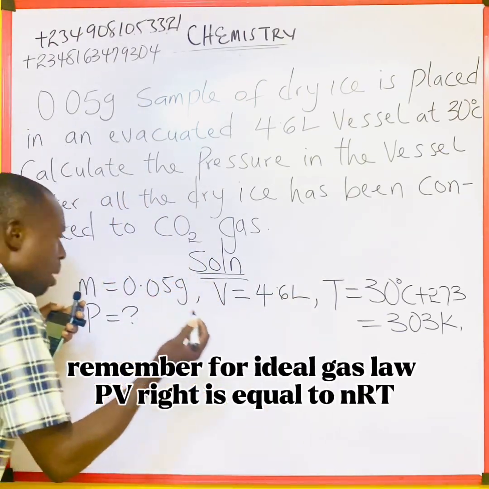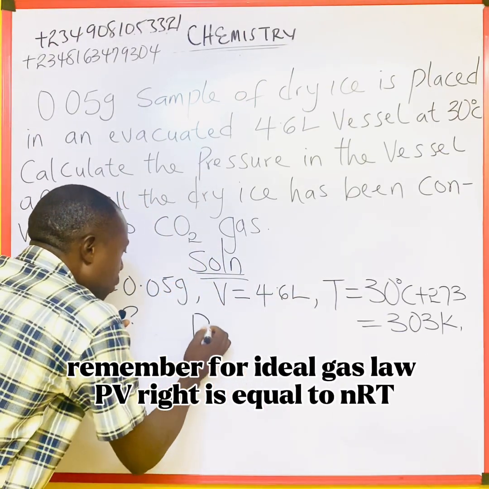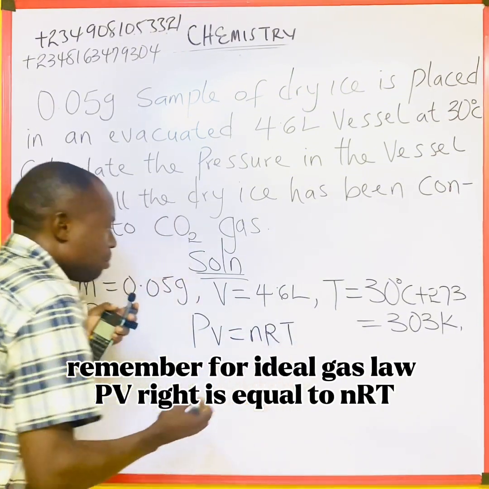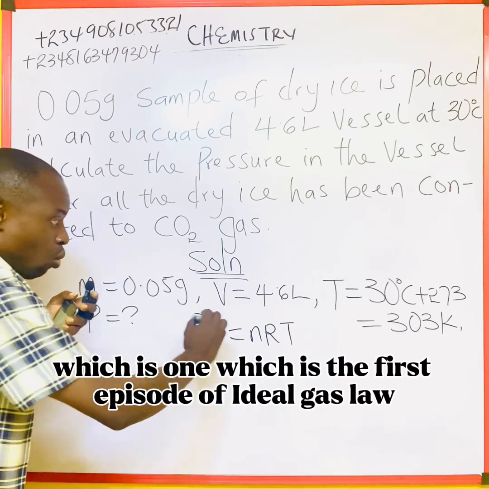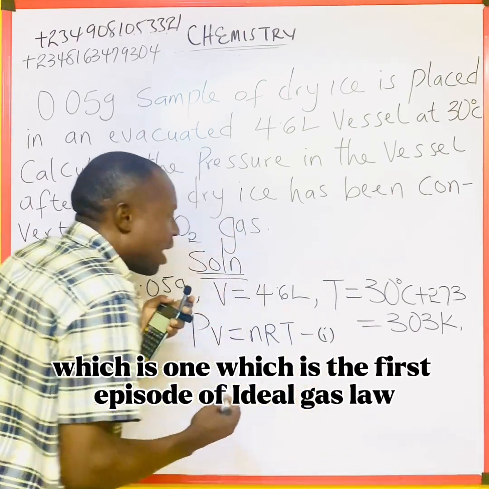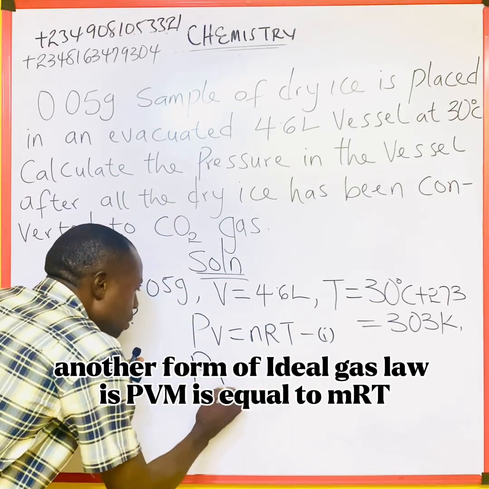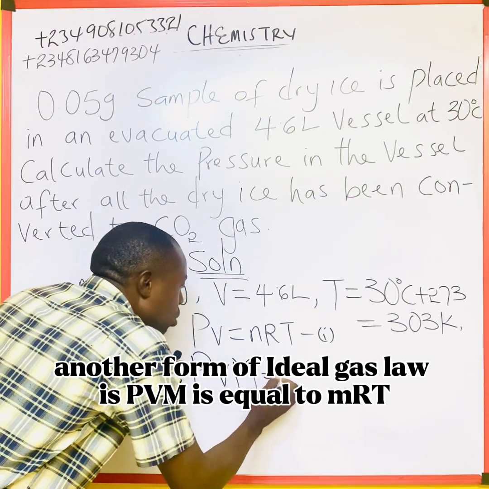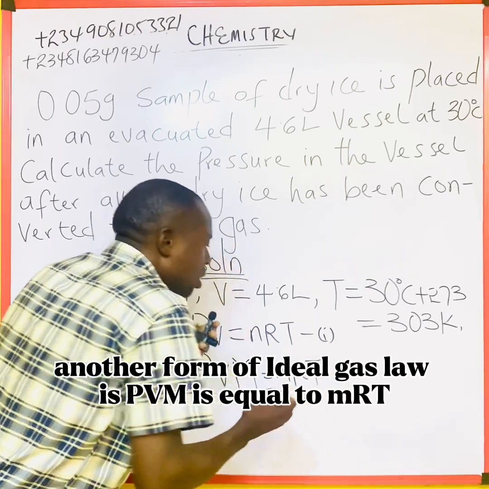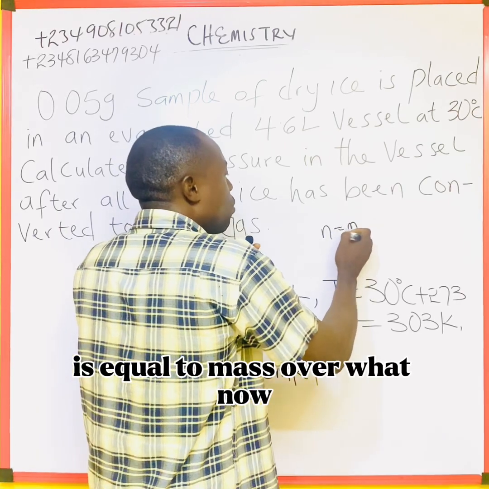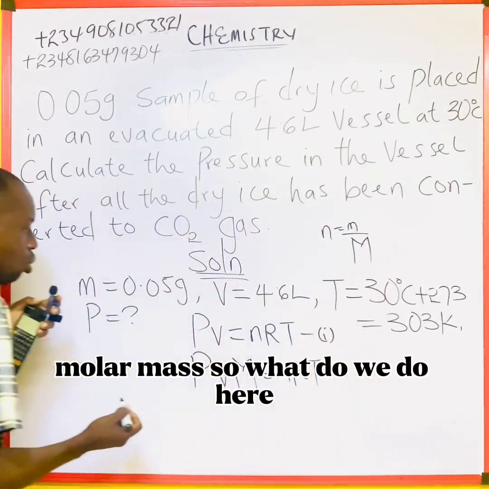Remember, from the ideal gas law, PV is equal to nRT, which is the first form of the ideal gas law. Another form of the ideal gas law is PVM is equal to mRT. The reason is that n, which is the number of moles, is equal to mass over molar mass.